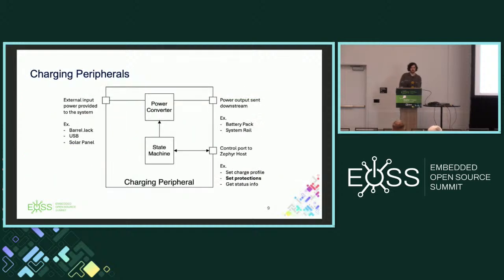Going back to the block diagram here of the charger device and peripherals, the other responsibility of the Zephyr host here is to set some of the protections. This charging peripheral is an application-specific power converter, so it does typically have some integrated protections.